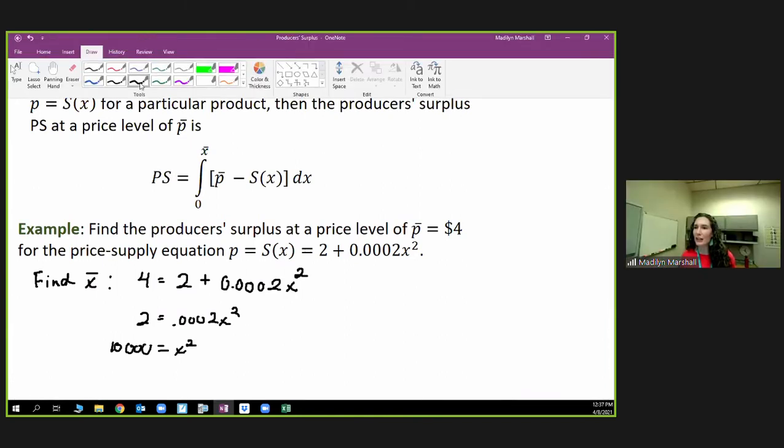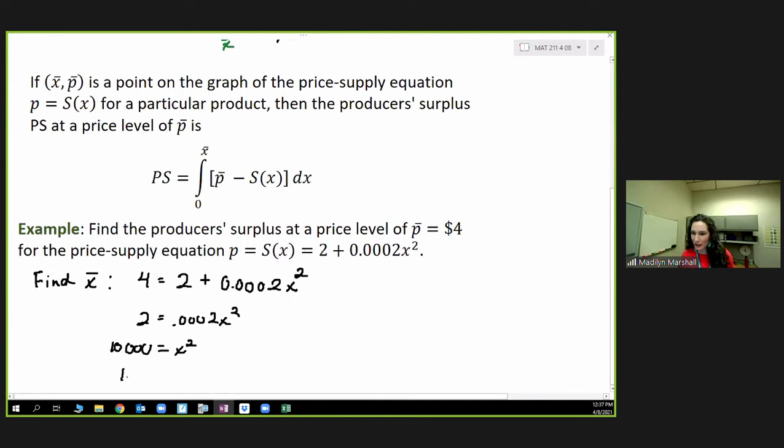And because we don't care about a negative answer here, we're not going to be making negative 100 units of something. We only keep the positive answer. So X bar is 100.